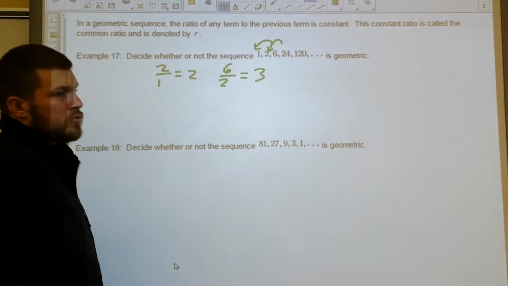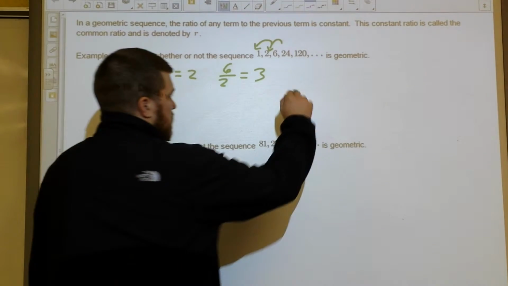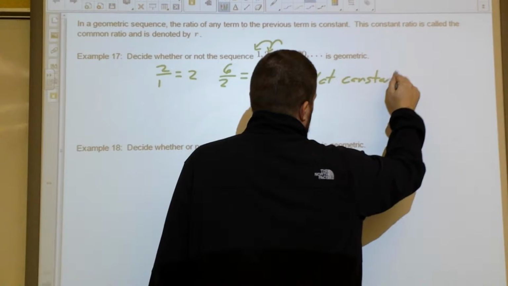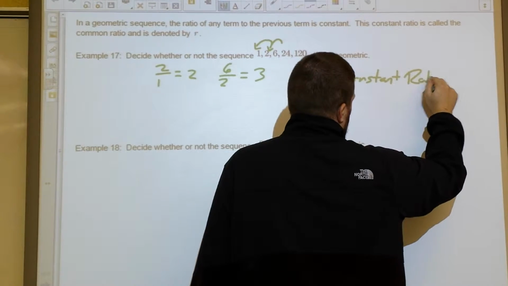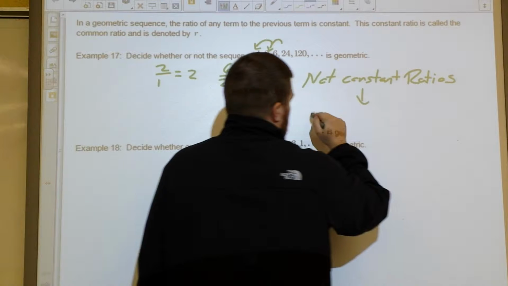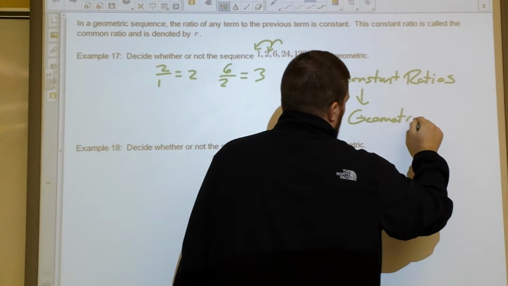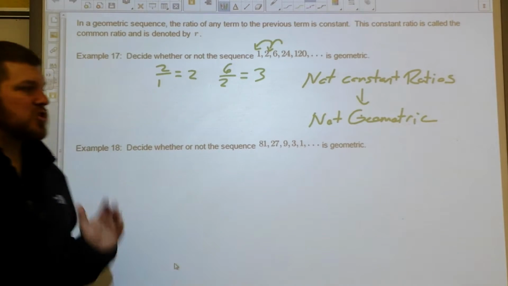So already these ratios are not constant, so that means it's not geometric. It's still a sequence, but it's not a geometric sequence.